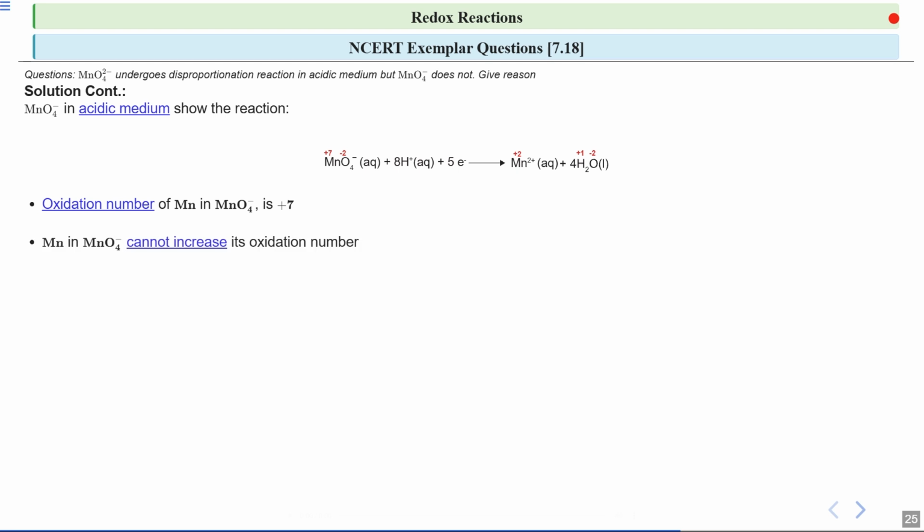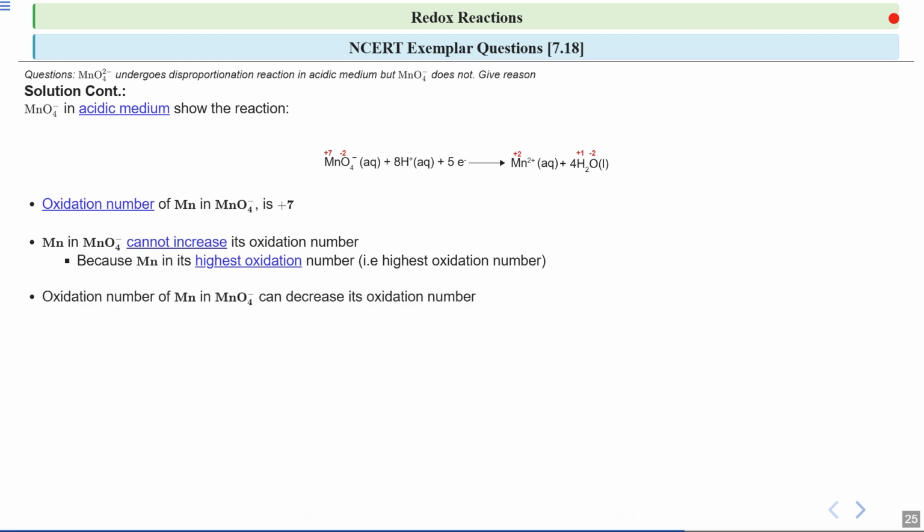This oxidation state cannot increase further. It is the maximum oxidation state that can be shown by manganese. Hence, manganese cannot undergo oxidation because it is in the highest oxidation state. But it can show a decrease in its oxidation state by moving on to Mn2+. Therefore, it can undergo reduction.